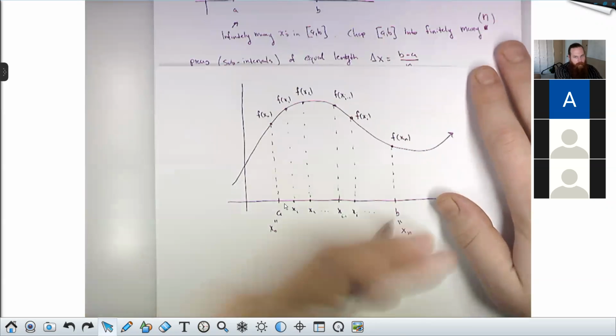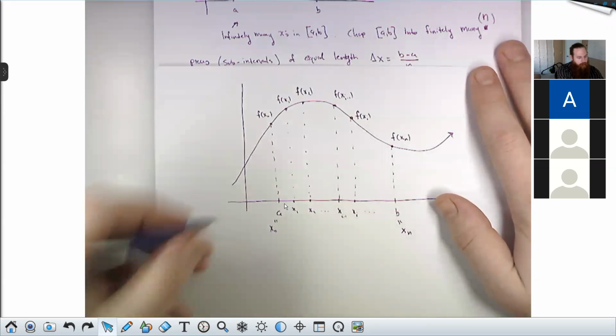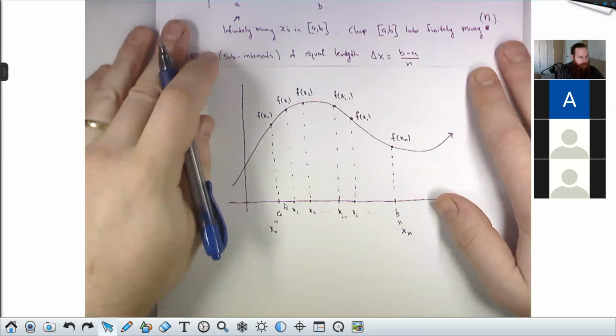Now, instead of thinking about areas and rectangles, we just go ahead and try to approximate the average value.